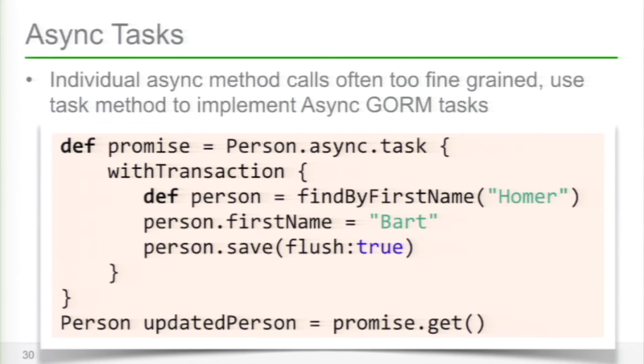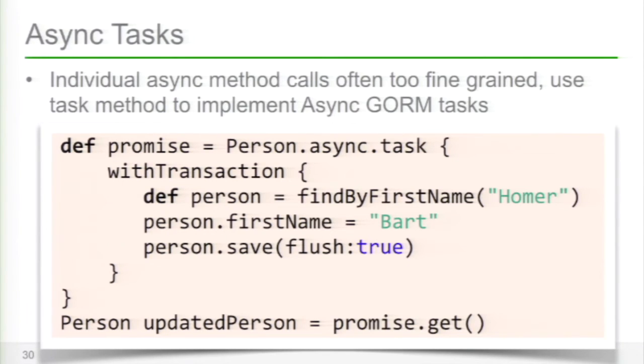To solve that particular problem, you can do .async.task and perform a whole bunch of operations in a separate transaction or whatever you want. You can query, you can do an update, you can do several queries. And then that will return a promise, and in this case, again, I'm just blocking in the current thread completely nonsensically, or you can wait for the result, do an onComplete.